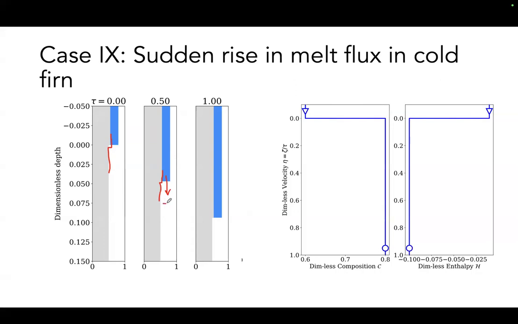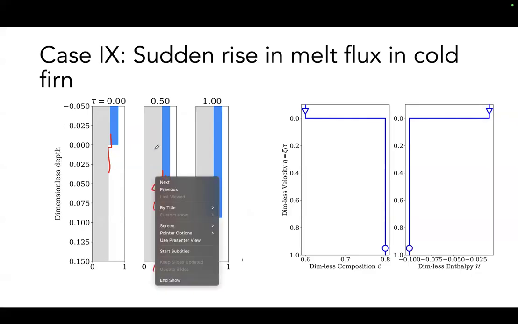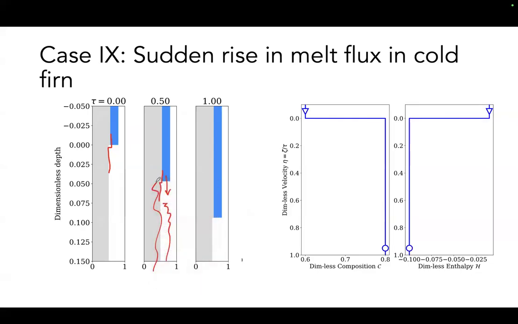So this is cold firn. This is cold. This is hot. So we need to refreeze a little bit of water to change the porosity or to warm the surrounding firn. We need some of the liquid water to be frozen and release that heat to warm the surrounding snow.